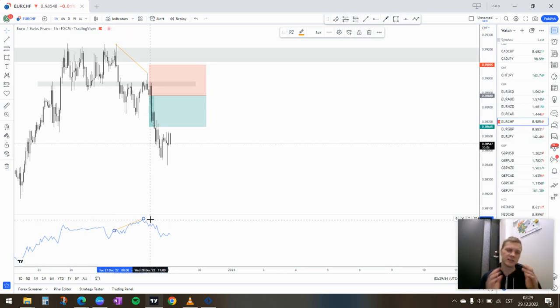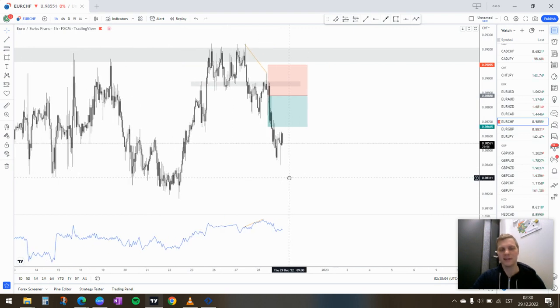a divergence. One thing I've noticed throughout my trading with divergence is that you don't need to have it week to week exact.